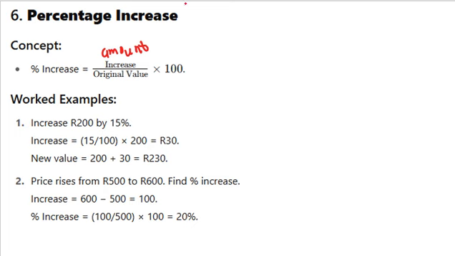To make a simple scenario, if I was selling my pen for 10 rand, and now I'm selling it for 12 rand, my amount increase, we're going to call it increase just to summarize, is actually 2 rand.